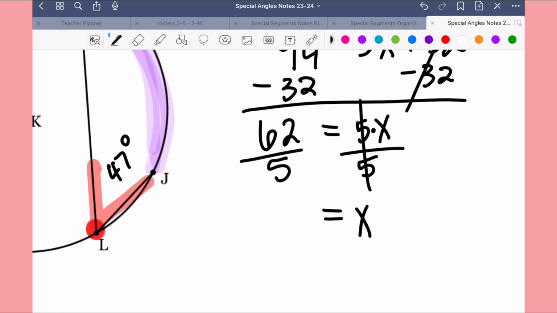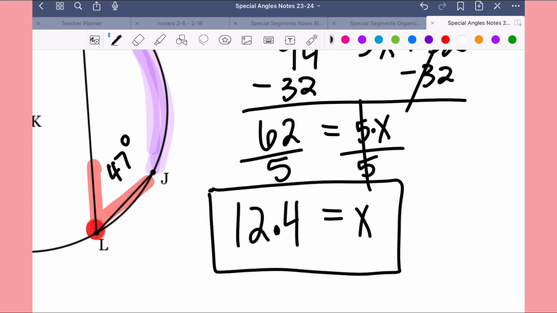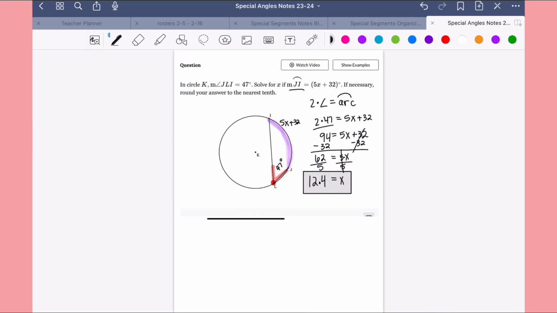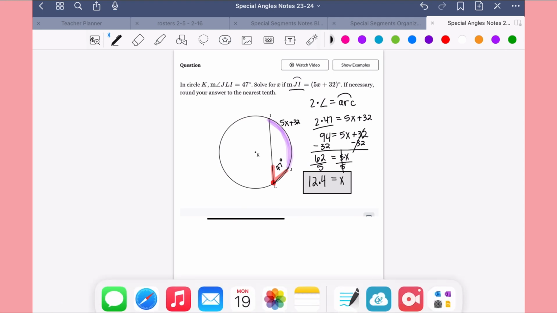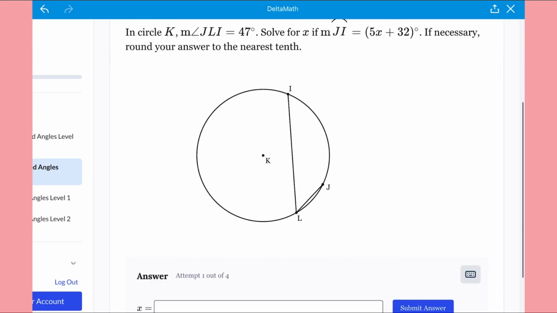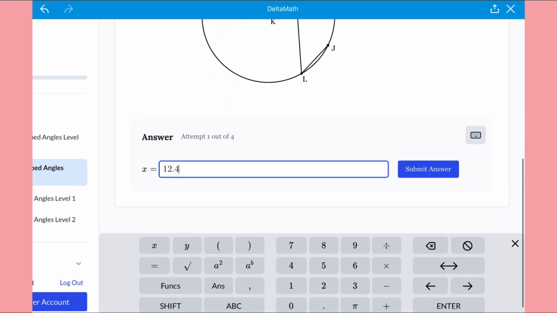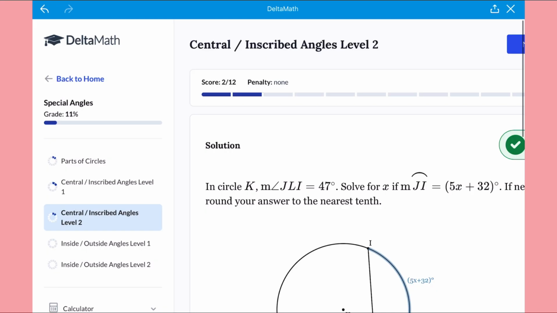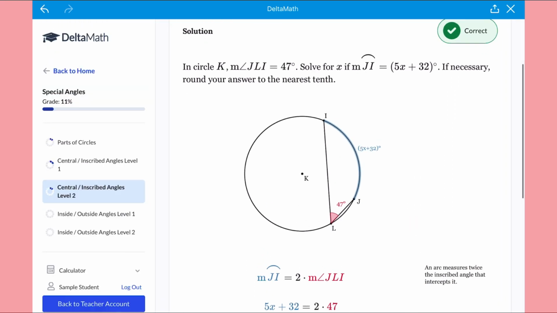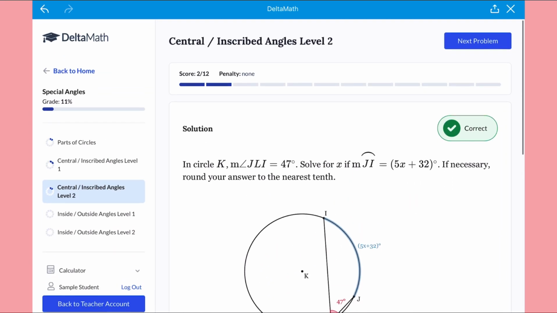My x is alone now. 62 divided by 5, 12.4. Okay, and that is it for that one. Okay, let's go to the Delta Math, 12.4. And it's done.